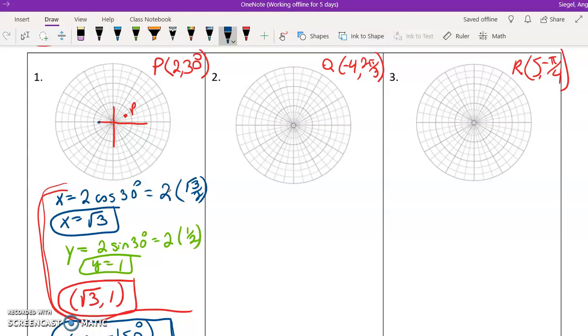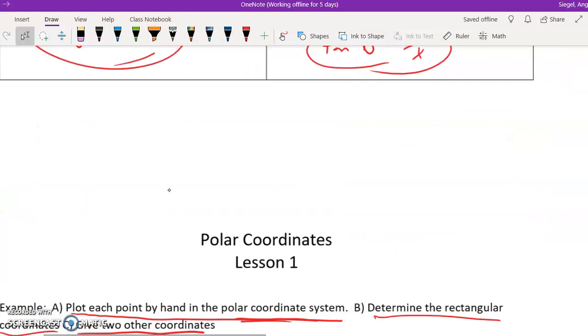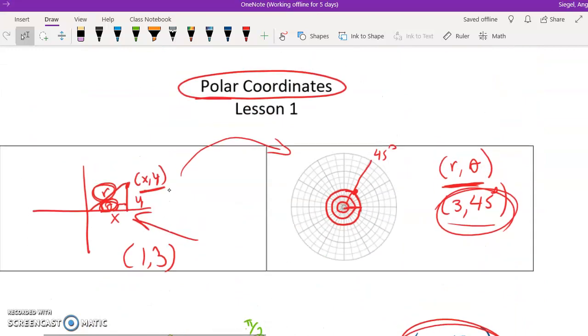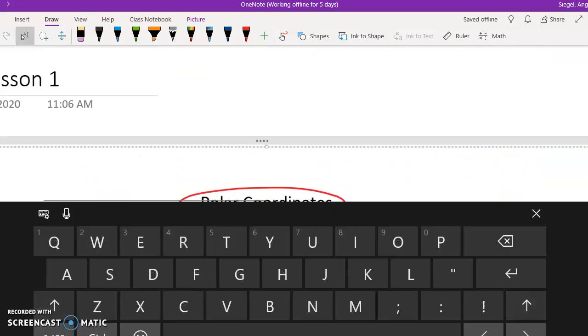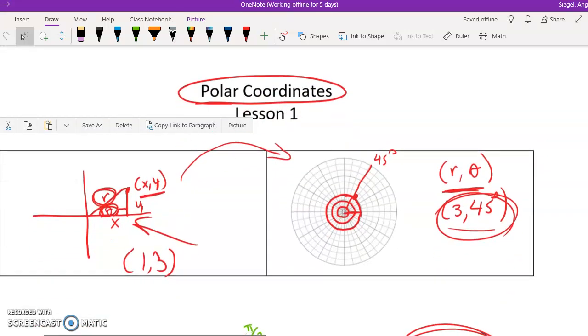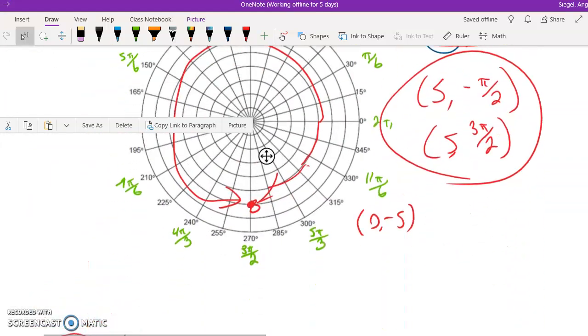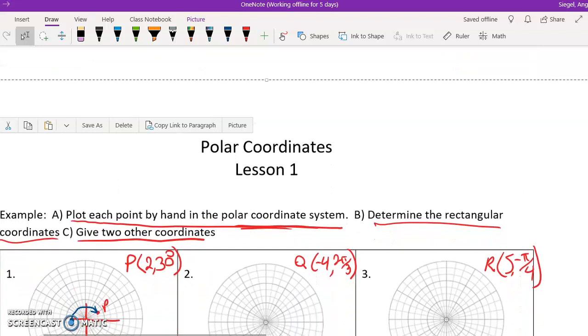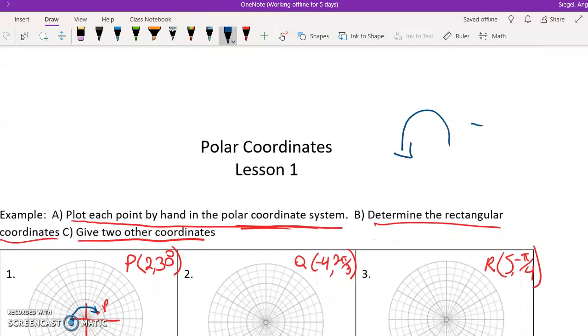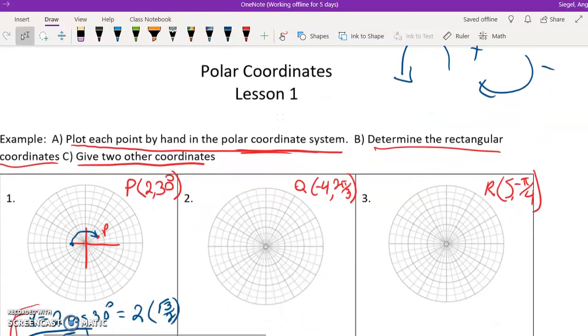We went out 2, and we're going -150 degrees that way. Remember, this is going to kind of hurt your head a little bit, but just go back to what you know. When you go in this direction, that is a positive angle. When you go in this direction, that's a negative angle.